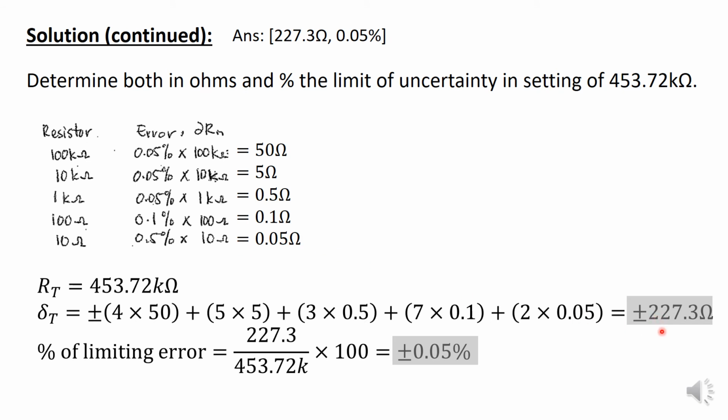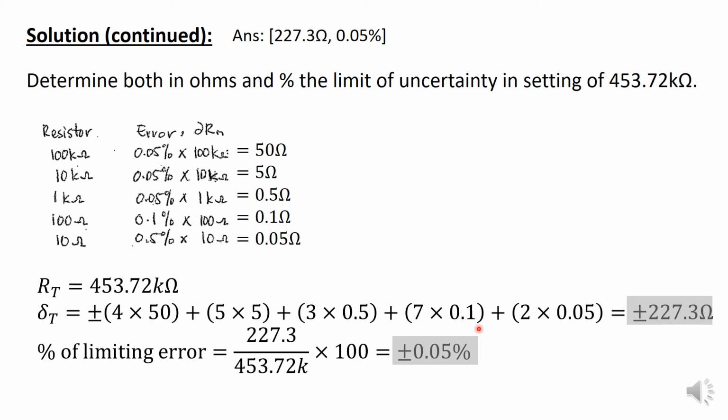The total is 227.3, meaning that to form a resistance of 453.72 kilo ohm, the total limiting error that we should allow is plus minus 227.3 ohms.